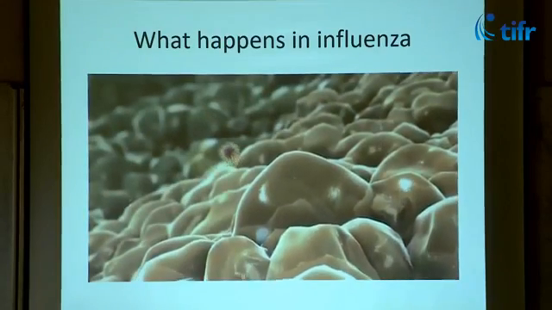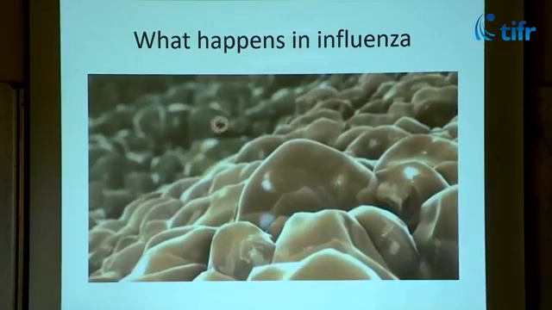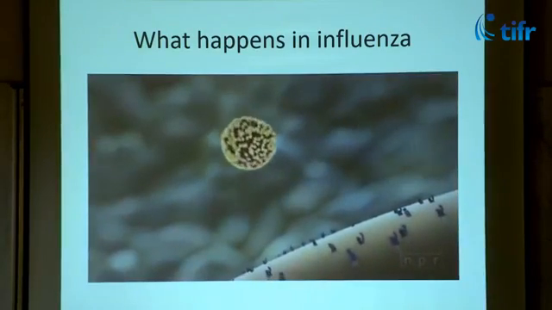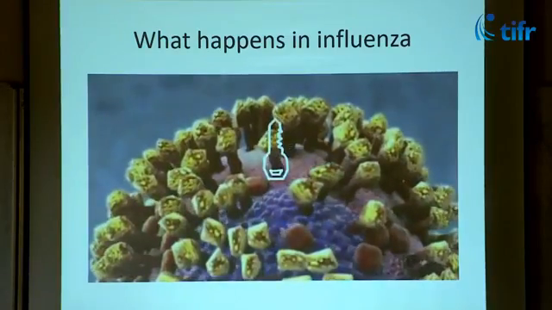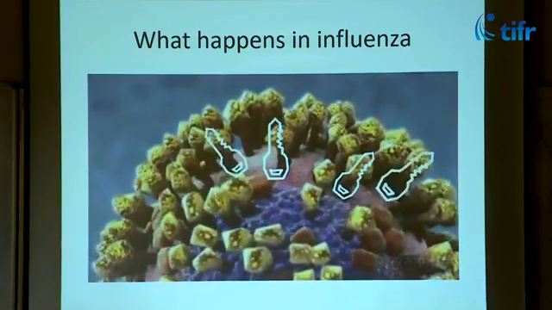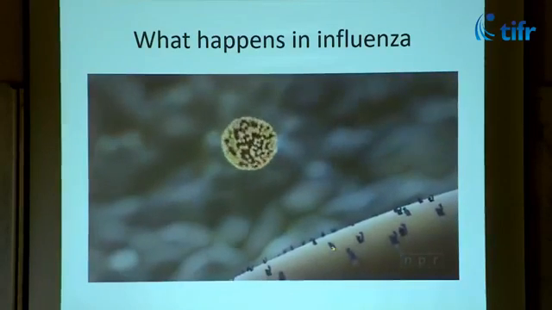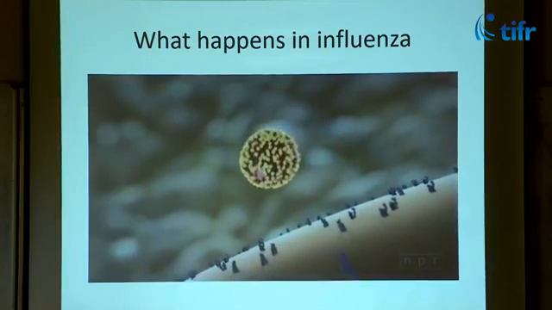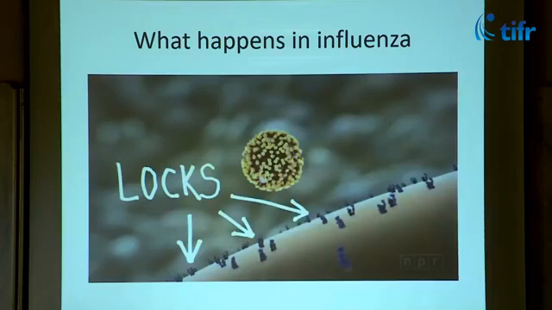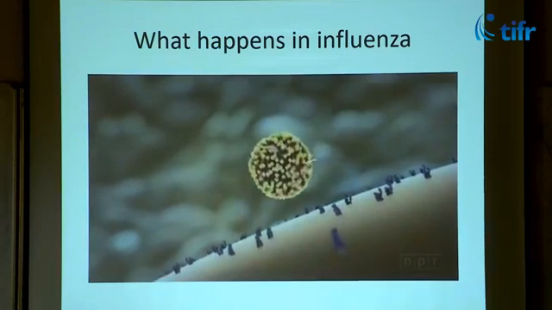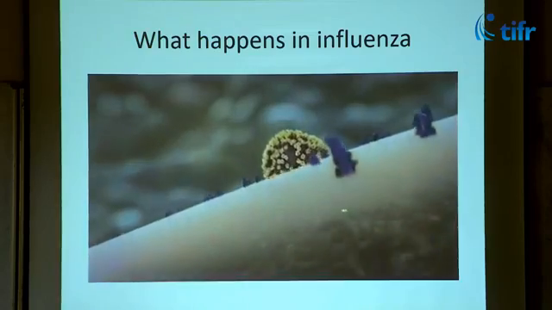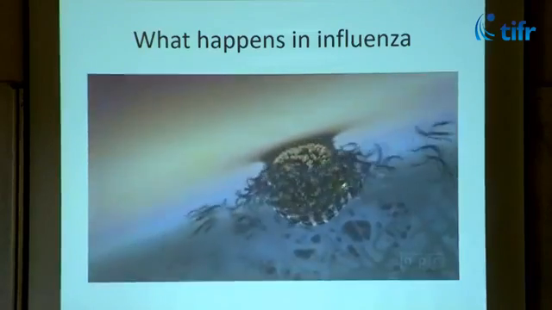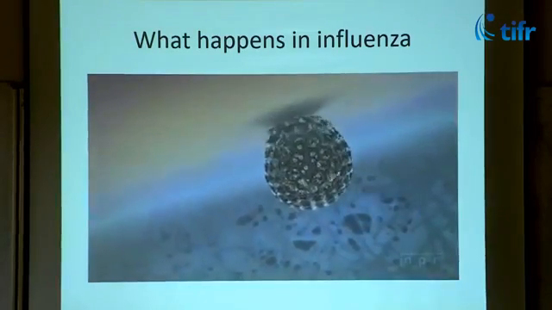So this is what happens in your body when you get the common cold. The virus enters the cell. As you were just saying, it's like a lock and key mechanism. These are the keys and these are the locks. Then the virus will fit in and come inside the cell, where it's taken by the sorting proteins.